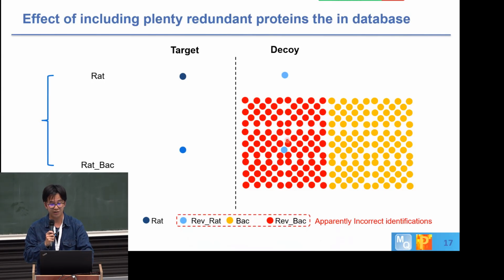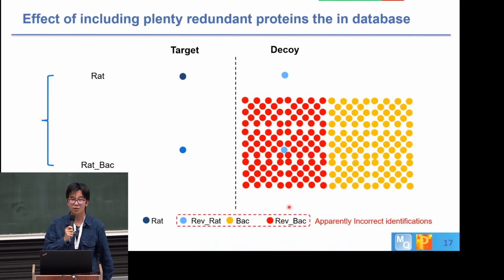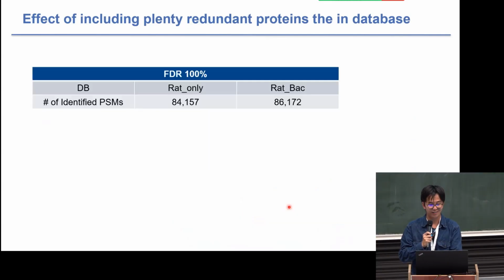So if you see the identification of reverse rat proteins, of course, it's incorrect because it's reverse data. If you see bacterial proteins, then it's also incorrect because it's from the rat brain. And if you get identification in the reverse bacteria, it's also incorrect because it's the reverse database. So how will the data look?